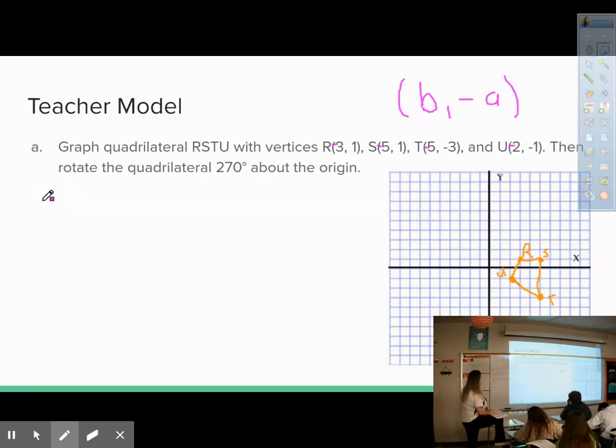So R prime would be (1, -3). S prime would be (1, -5). T prime would be (-3, -5).